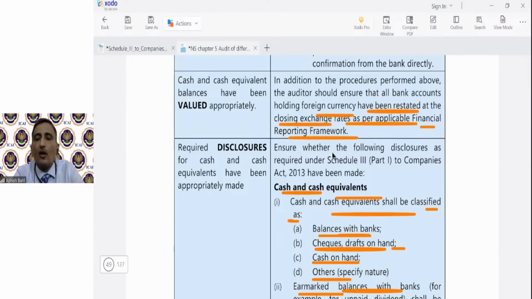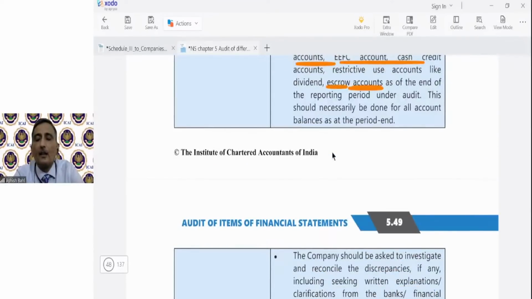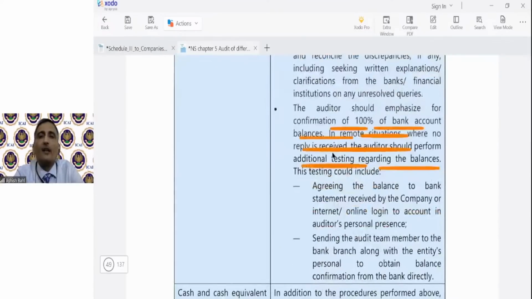So this is what we were reading about, students. Two different items of financial statements, that is trade receivables and cash equivalents. We have learned audit procedures in respect of trade receivables and cash equivalents for testing various assertions relating to these account balances.